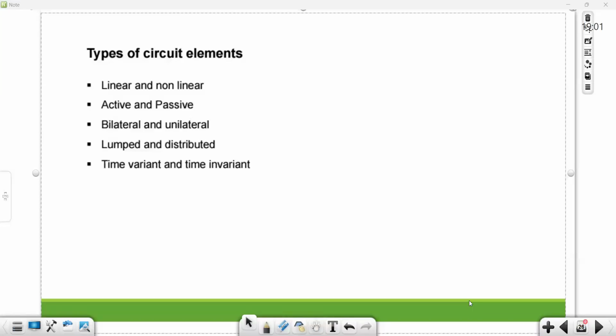Good evening. Yes, it is audible. Okay. Jeffrina, Sheila. Yes, audible. Okay, thank you. You are able to see the screen? Type of circuit elements, linear, passive, it is there. Yes.